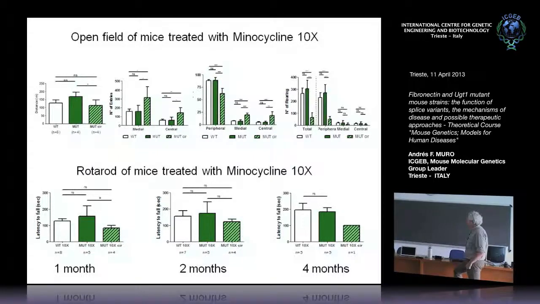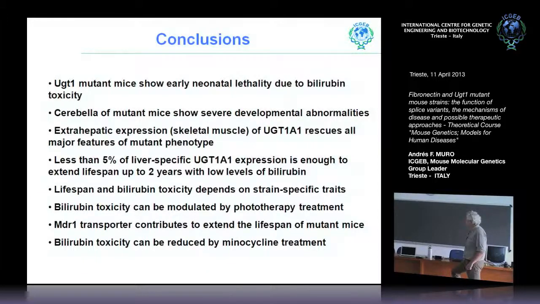So we conclude that our model could be a good model for Crigler-Najjar syndrome. There are very severe developmental abnormalities in the cerebellum. We could rescue with both extrahepatic or hepatic expression of the transgene.